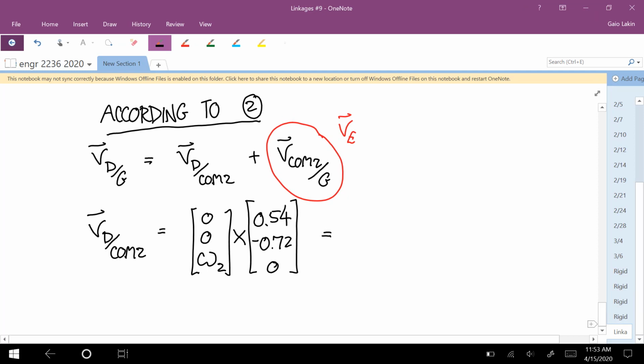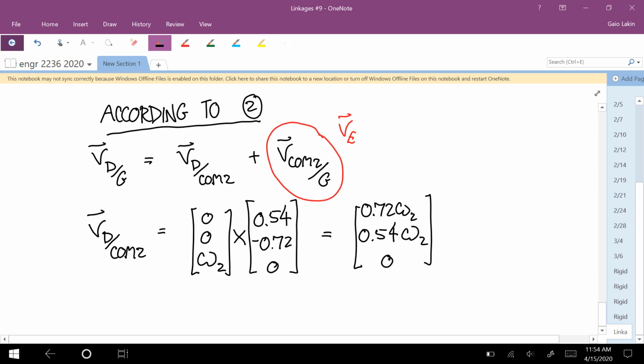Okay, so the x component is positive 0.72 omega 2. The y component is positive 0.54 omega 2, and then 0 for the z component.